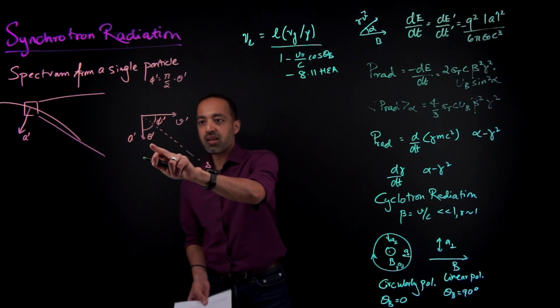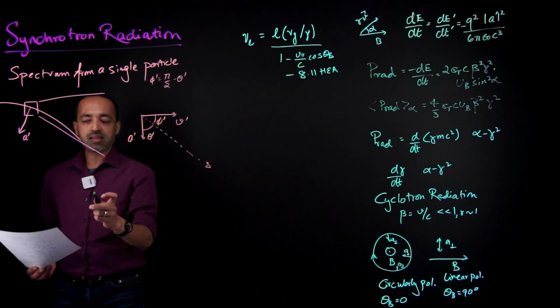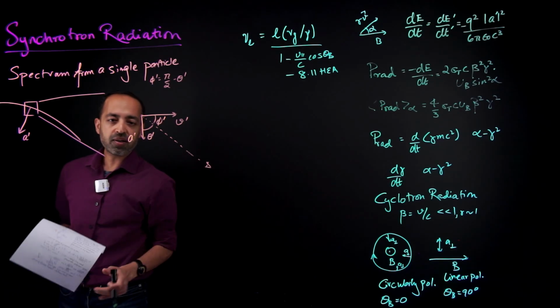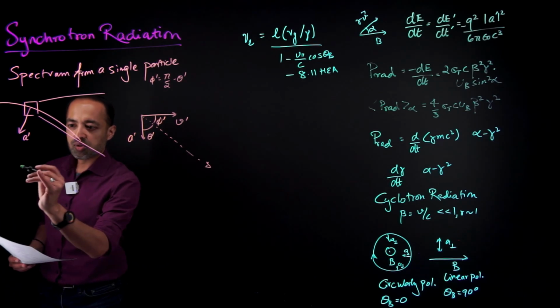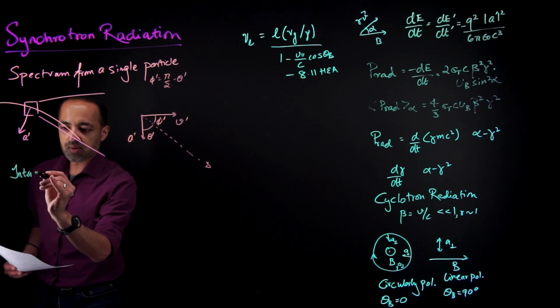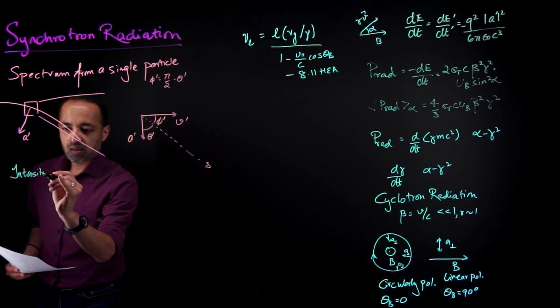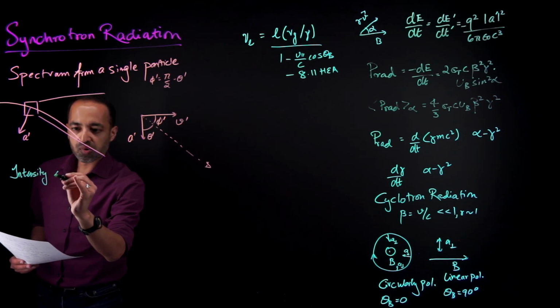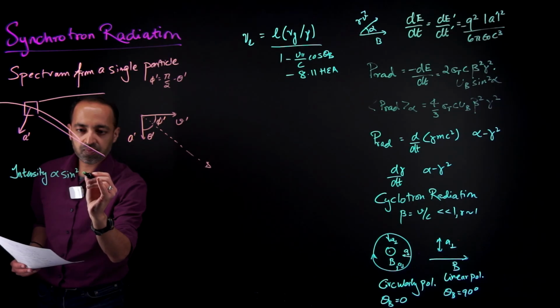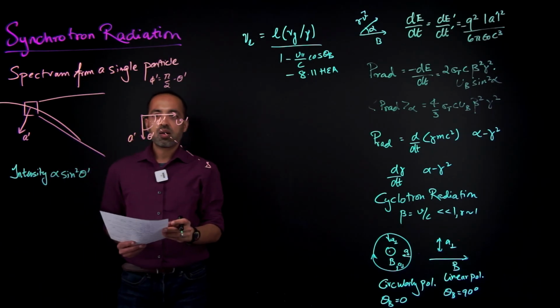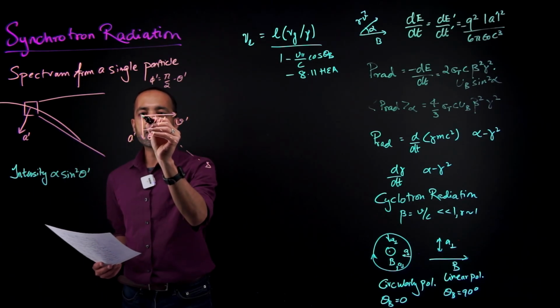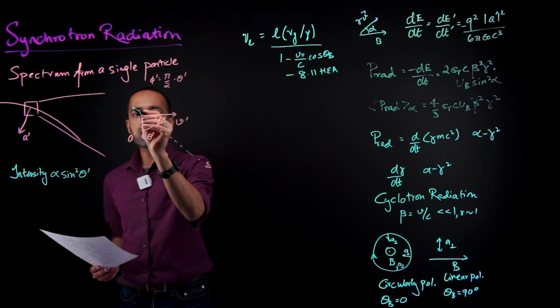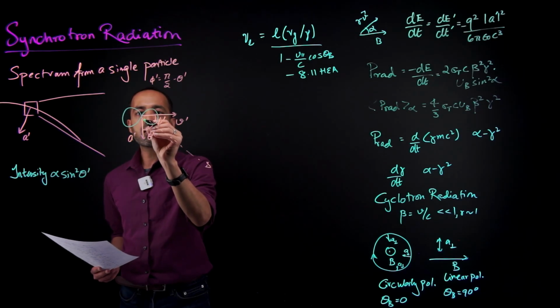So it depends upon the angle of the line of sight with respect to the acceleration vector. So the intensity of this radiation as a function of theta is proportional to sine squared theta prime. In other words, the radiation pattern has a sine squared dependence.